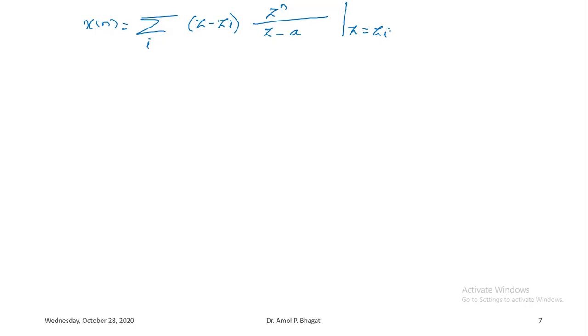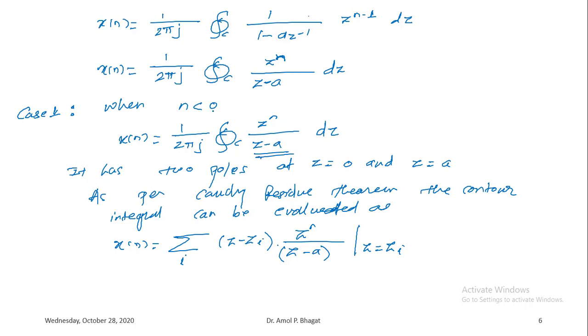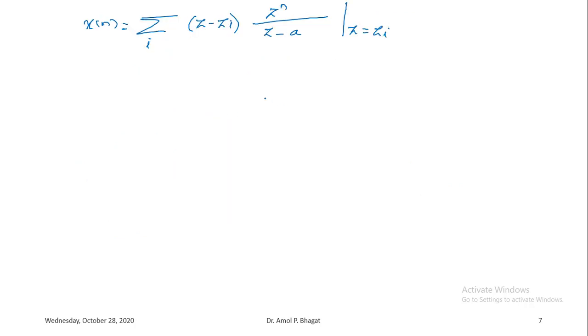As we are considering in case 1 n is less than 0, that means n is negative, right? So as we are evaluating it for negative values of n, just for example, for n is equals to -1, what will we have? If I'm substituting n is equals to -1 here, I will have x of -1, right?